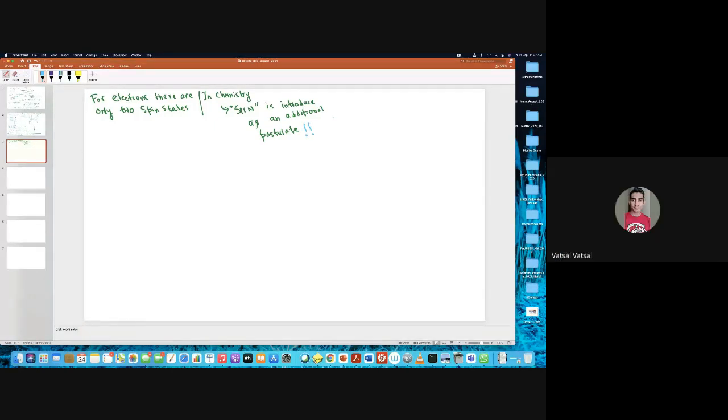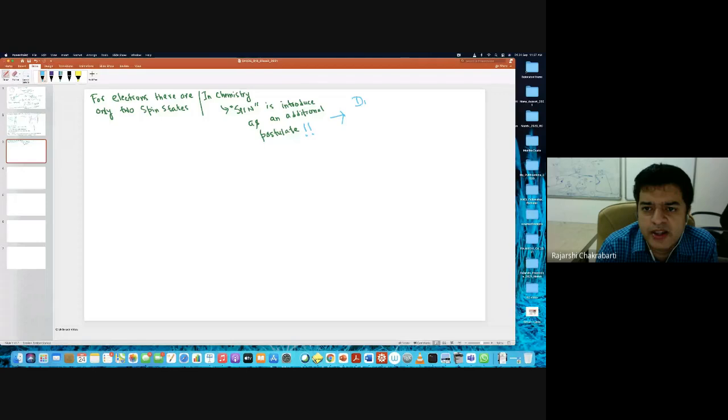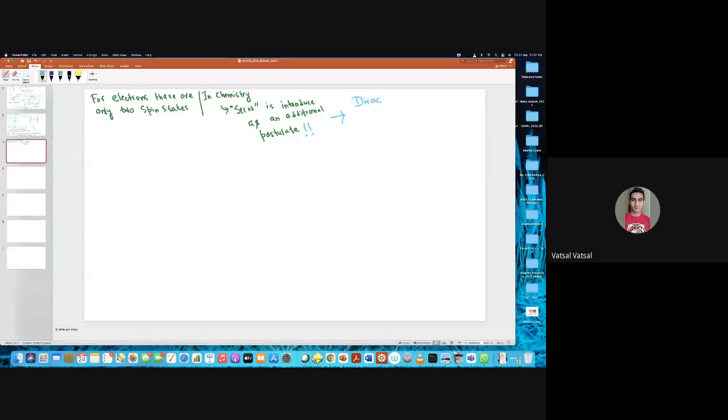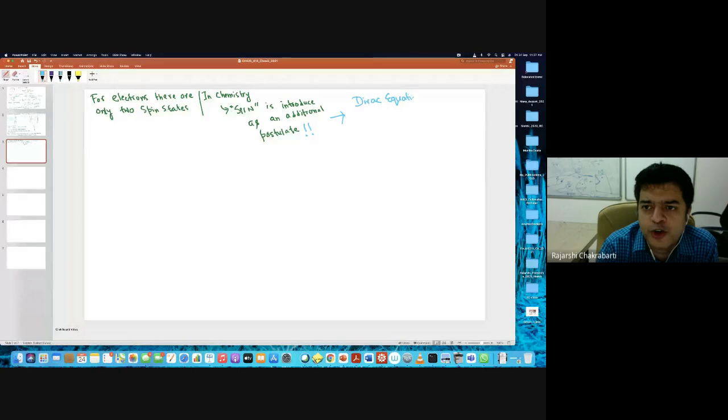Just in the non-relativistic sense, we can modify the Schrodinger equation by putting sigma dot p instead of p, like the square of them. That would give the Pauli equation, which carries the spin information. So ideally, one should solve what is known as the Dirac equation, where relativity is taken into account.